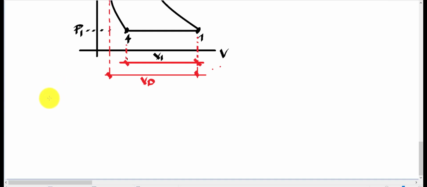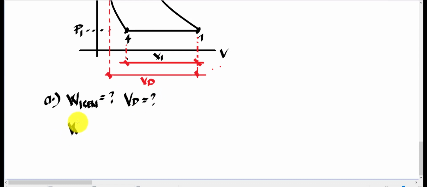Now for letter A, we're looking for the isentropic power and the piston displacement. So two things are being asked. We have the isentropic work, and we're also looking for the piston displacement required for single stage, so we're looking for your VD.